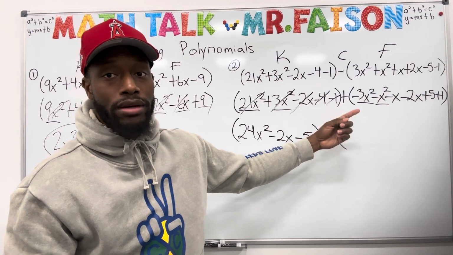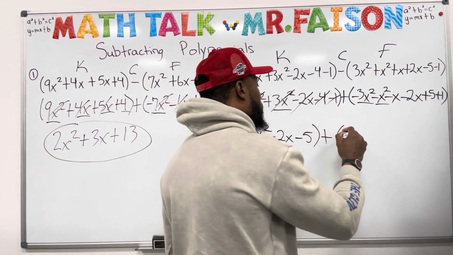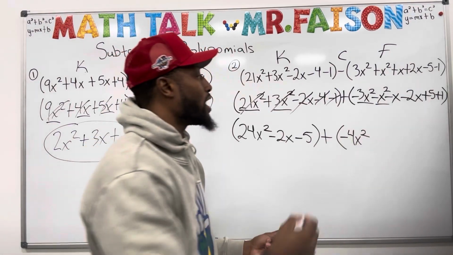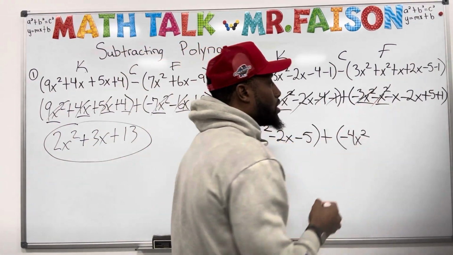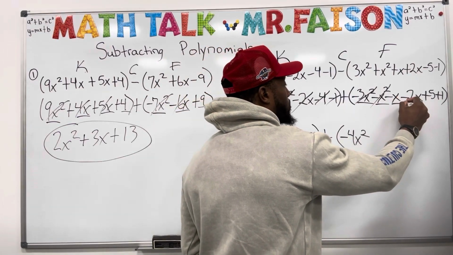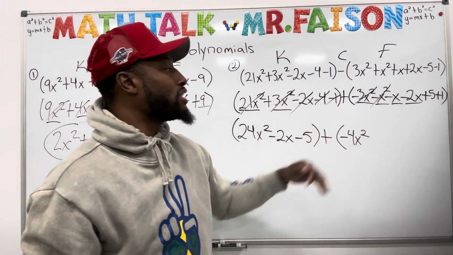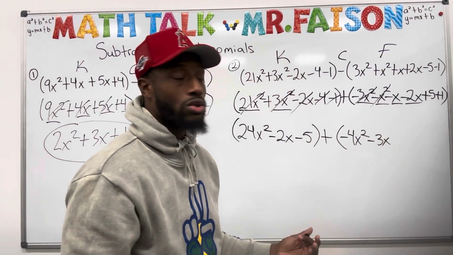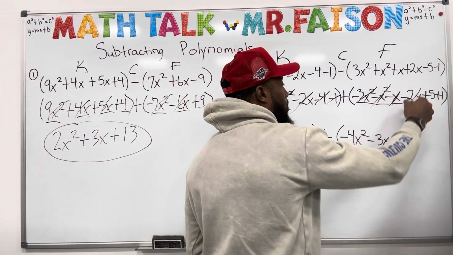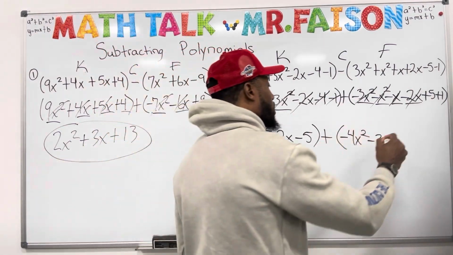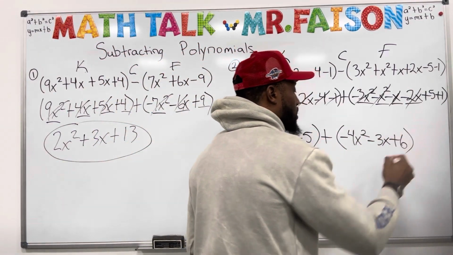Negative 3x squared minus x squared is gonna give me negative 4x squared. Now I can mark those out. Next I look, I have 2 x's in here. Negative x minus 2x is gonna give me negative 3x. I can mark those 2 out. Last, I have my 2 constants. 5 plus 1 is gonna give me a positive 6.